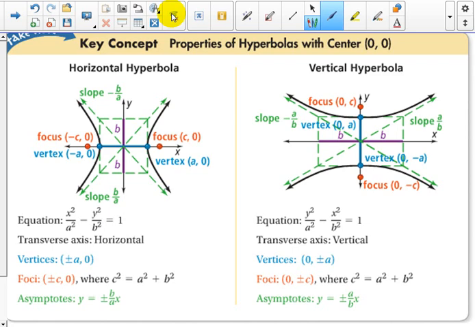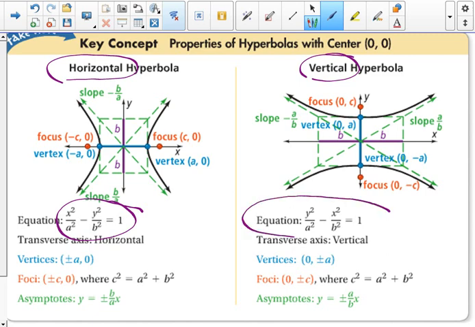All right, and then it switches a little depending on if it's horizontal or vertical. Notice the difference between the horizontal and vertical equations. On this one, you've got x squared over a squared minus y squared over b squared. Now look at the vertical.